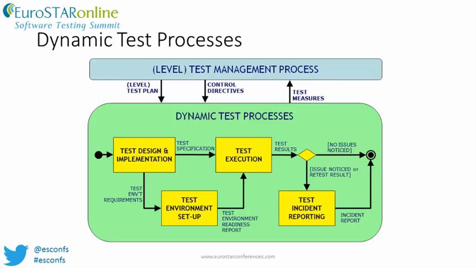The dynamic test activities are driven by the test plan, organisational test strategy, and test policy. For instance, the test plan could specify what features are to be tested, the organisational test strategy could specify that a certain test completion criterion is to be achieved, and the test policy could specify that incident reporting is to follow a defined organisation-wide incident management process.